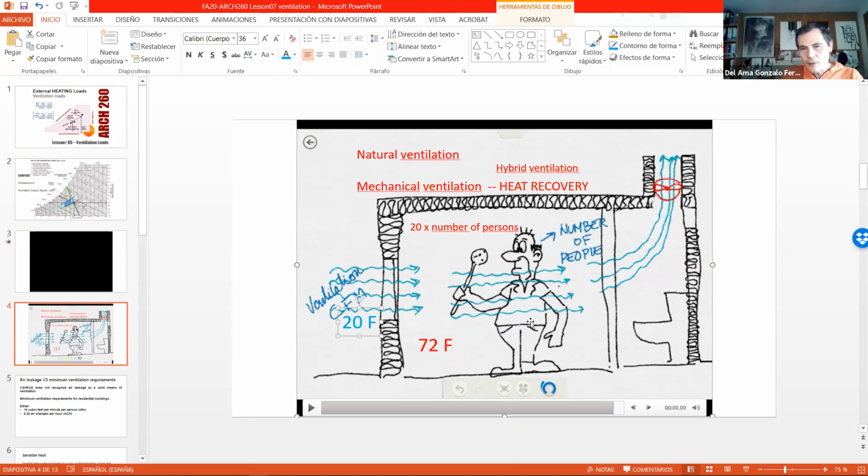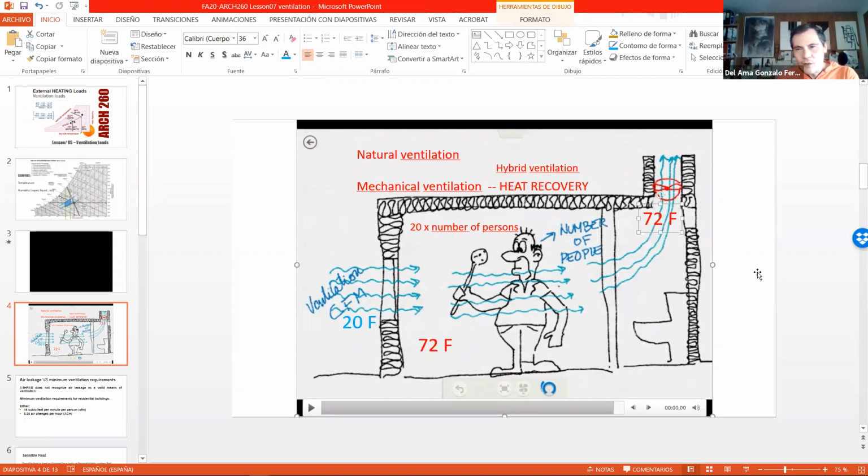Here there will be a heating system, so we are heating up this air to 72 Fahrenheit. The problem is that we have to get rid of that air because people are releasing moisture, so we need to get rid of that air. The problem is that we are getting rid of that air at 72 Fahrenheit.